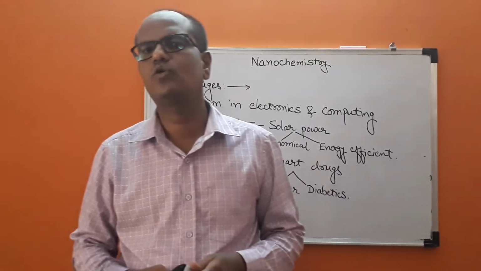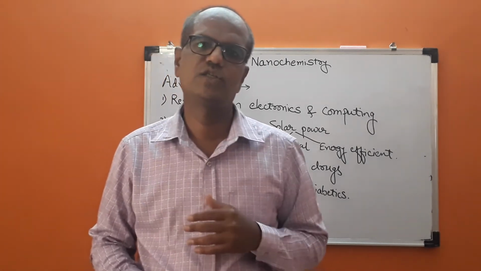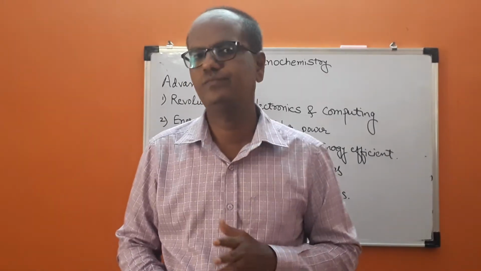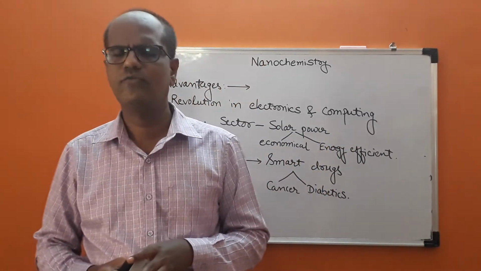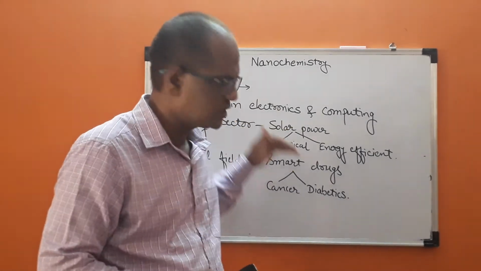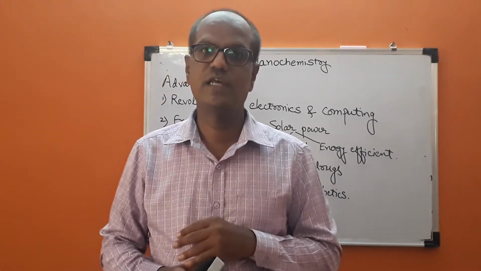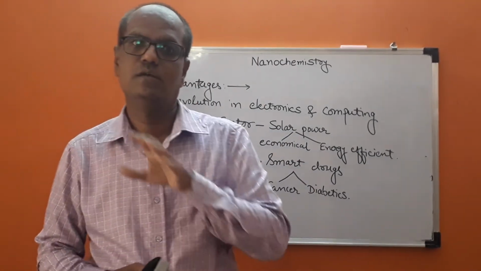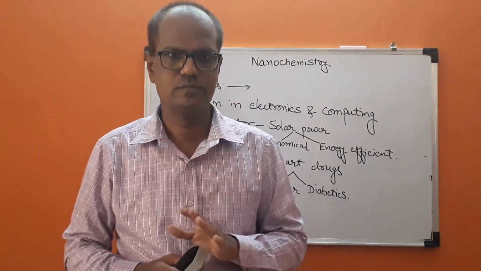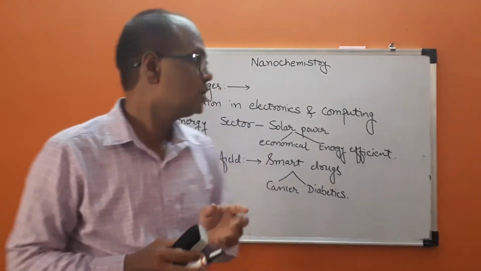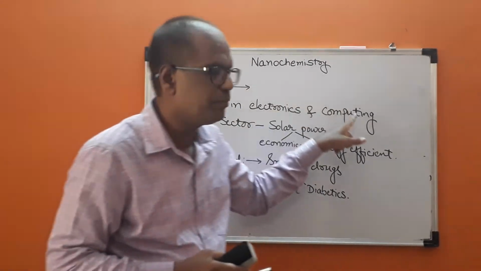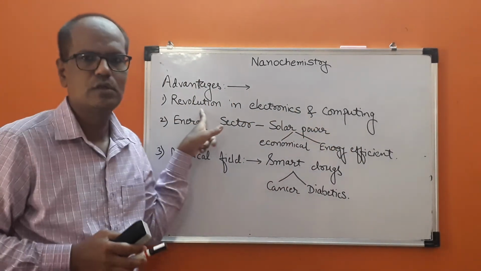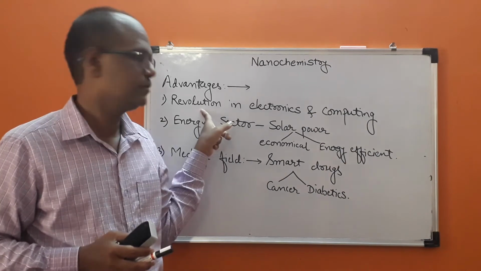In the next part, we are going into details of advantages and disadvantages of nanomaterial. Now, let us discuss the advantages and disadvantages of nanochemistry. This is the last portion of our topic. What are the advantages of nanomaterial that we will discuss first of all? Because of nanomaterial, as we have seen, magnetoresistive random access memory is used. It means electronics or computing devices got a revolution because of random access memory.